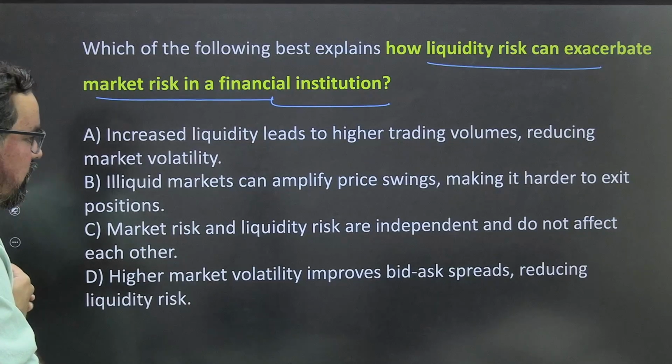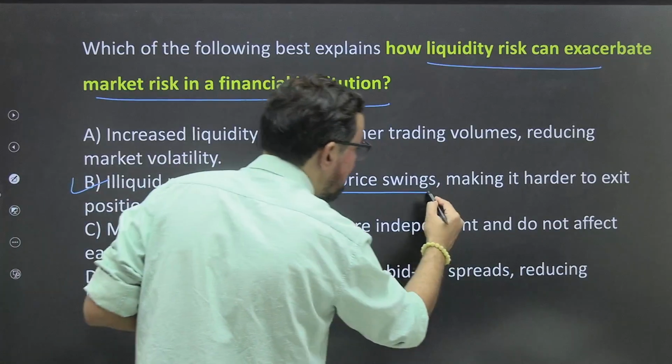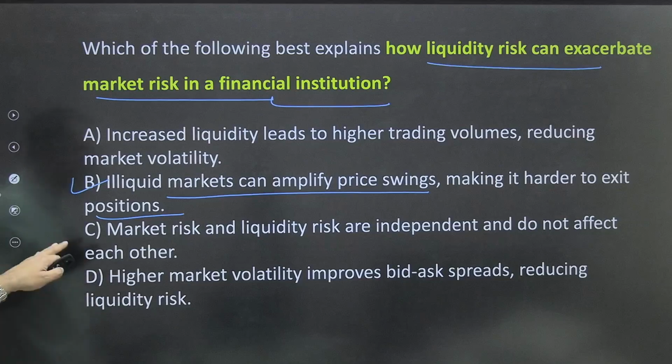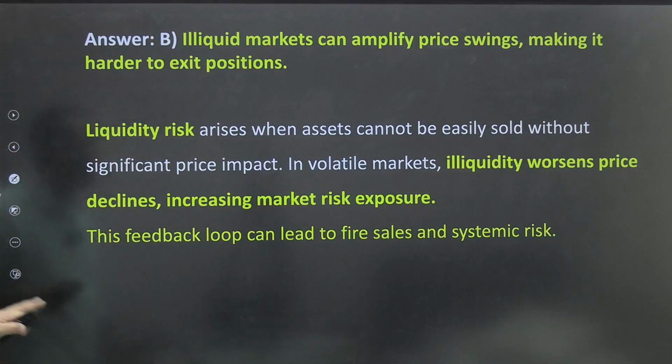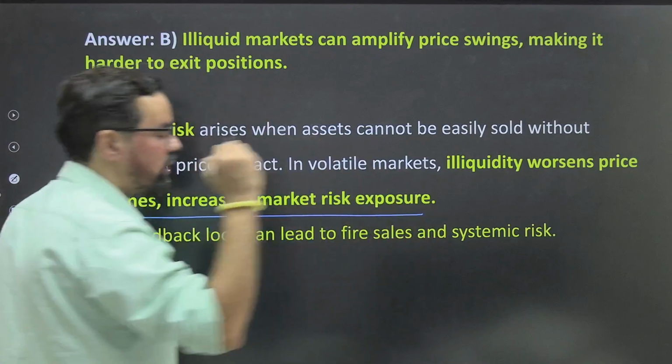That is about liquidity when a bank won't be able to meet its short-term obligations. An illiquid market can amplify price swings. Yes, absolutely, making it harder to exit the position itself. It can be partially illiquid or fully illiquid, depending on the security itself. So liquidity risk arises when an asset cannot be easily sold without significant price impact. In a volatile market, illiquidity worsens price decline, increasing market risk exposure also.